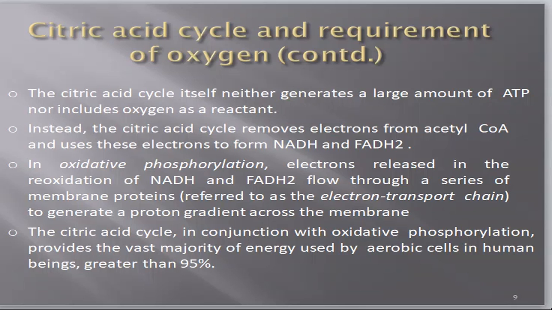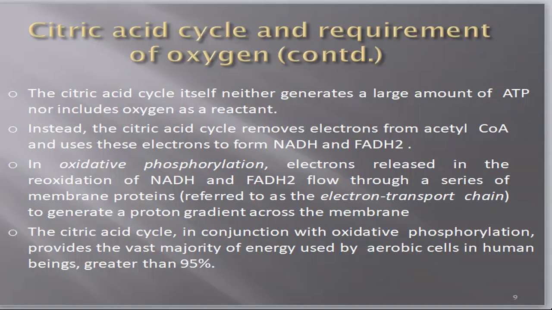When NADH and FADH2 reach the electron transport chain, they give away these electrons to the electron chain complexes and run the electron transfer across the complexes. Finally, these electrons are accepted by oxygen attached to the 4th complex of the electron transport chain.